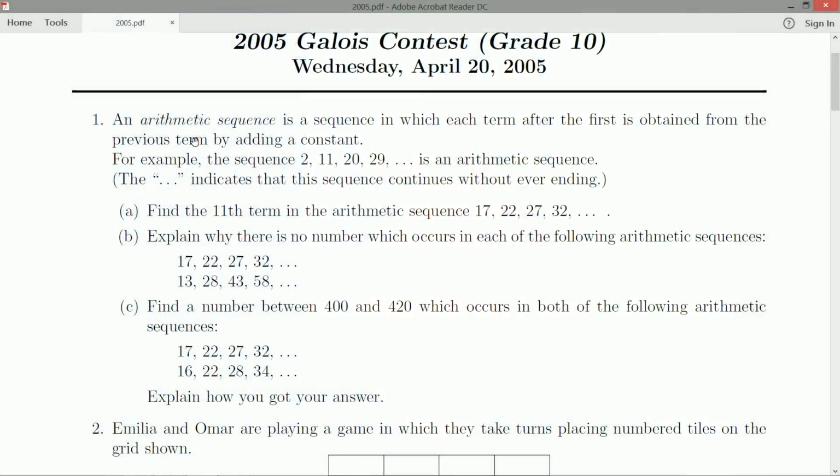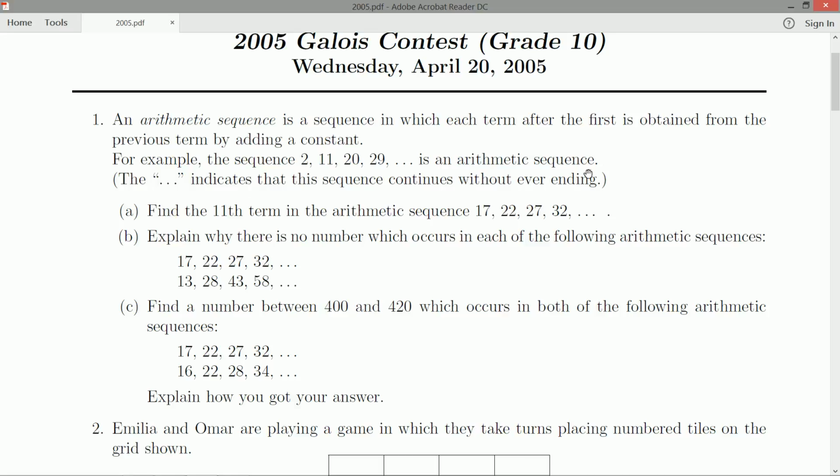For example, the sequence 2, 11, 20, 29 is an arithmetic sequence. It starts with 2, and then to get to each subsequent term, we add 9. So 2 plus 9 is 11, plus 9 is 20, plus 9 is 29. The dot, dot, dot, or ellipsis, indicates that this sequence continues forever without ending.